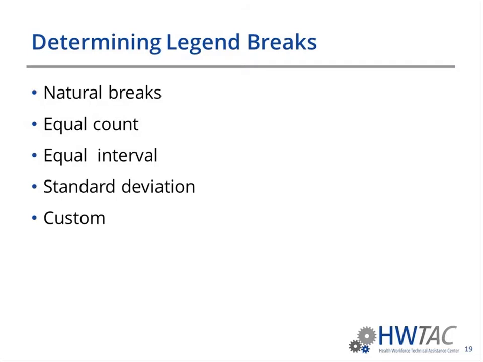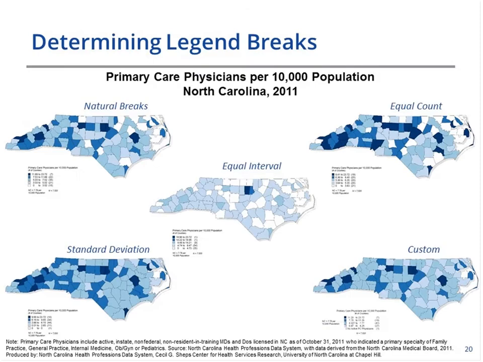So again, small graphics, but hopefully you get the idea. These maps are showing the exact same data. They're showing primary care physicians per 10,000 population in North Carolina in 2011. But each map breaks the legend categories up differently. So the top left uses natural breaks, and that legend is going to be really small, so you're going to have a hard time seeing the values. But again, I can send you the big maps if you're interested.